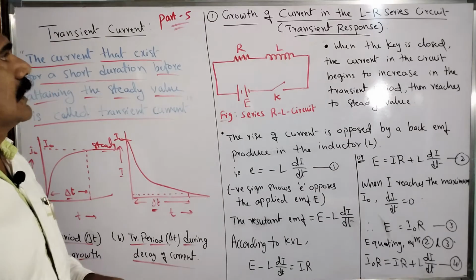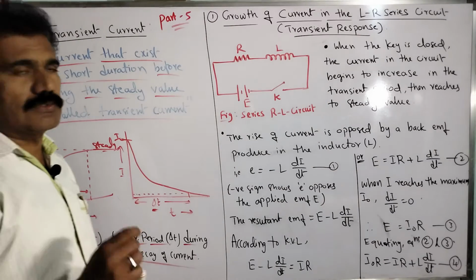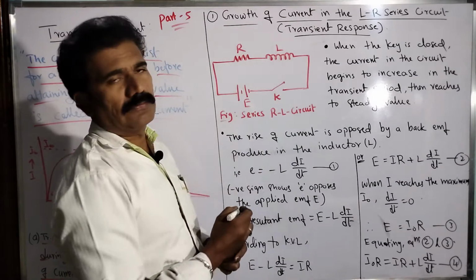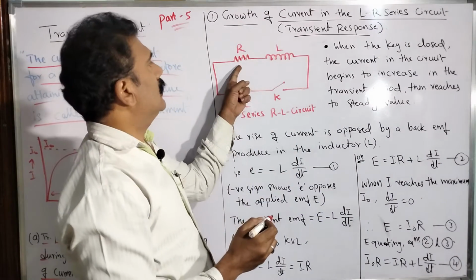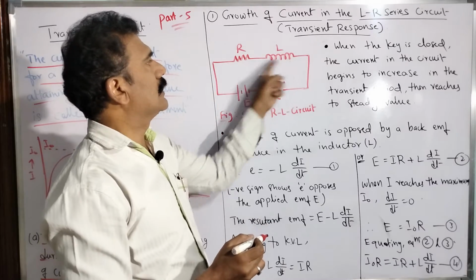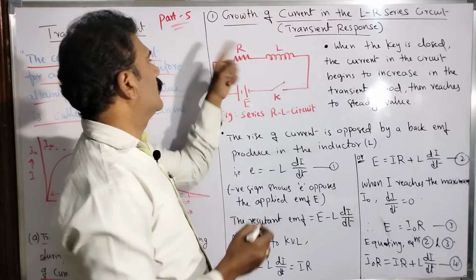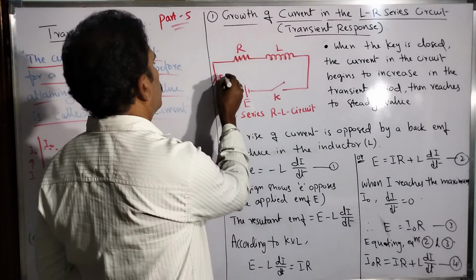Let us try one of the simple circuits first. That is called the RL circuit. RL circuit means a resistor and inductor connected in series here. When connected in series, how does the growth of the current take place in the circuit?